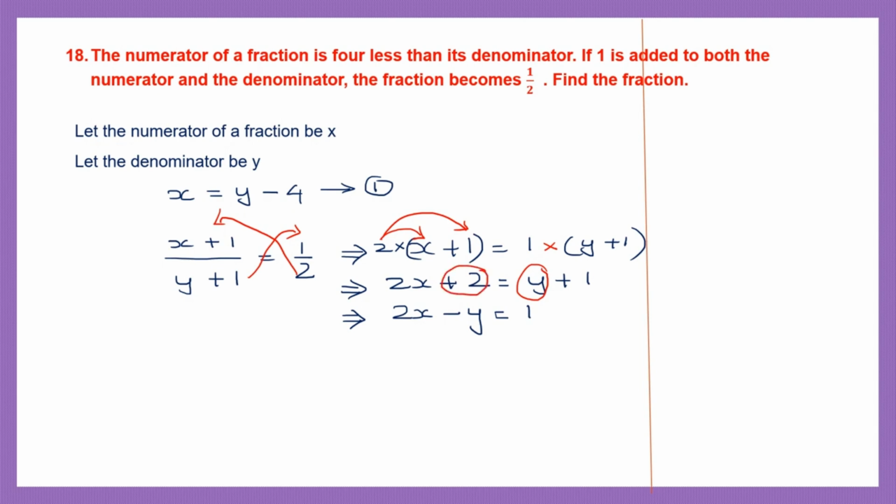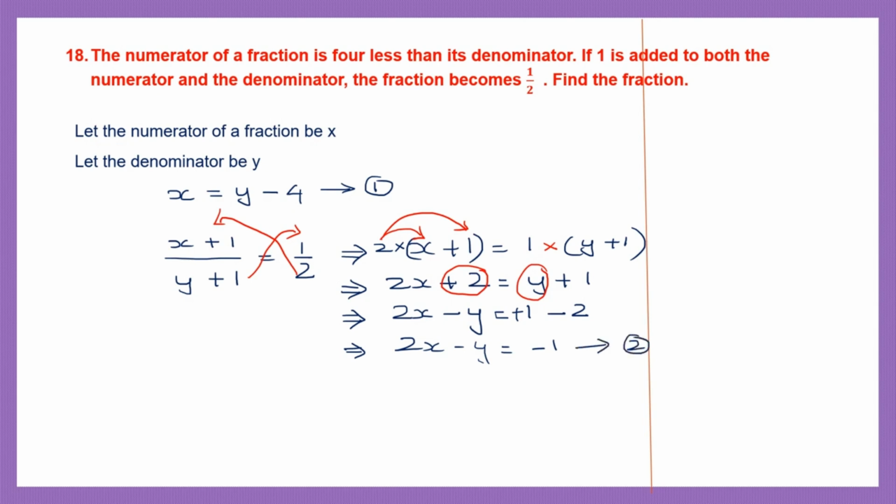It will become minus 2. So 2x minus y is equal to 1 minus 2. So this is a plus sign, this is a minus sign. Signs are different. So put the sign of the bigger number and subtract. 2 minus 1 is 1. So 2x minus y is equal to minus 1. So this is our second equation.